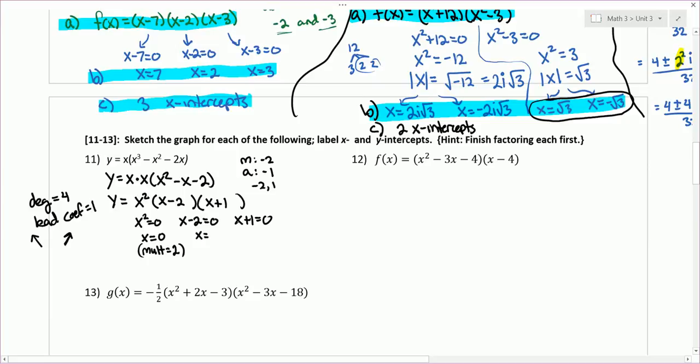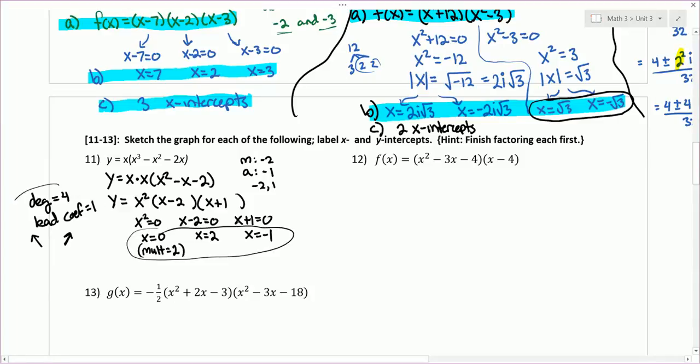Next one we get x is 2 with a multiplicity of 1, and then we get x equals negative 1 with a multiplicity of 1.